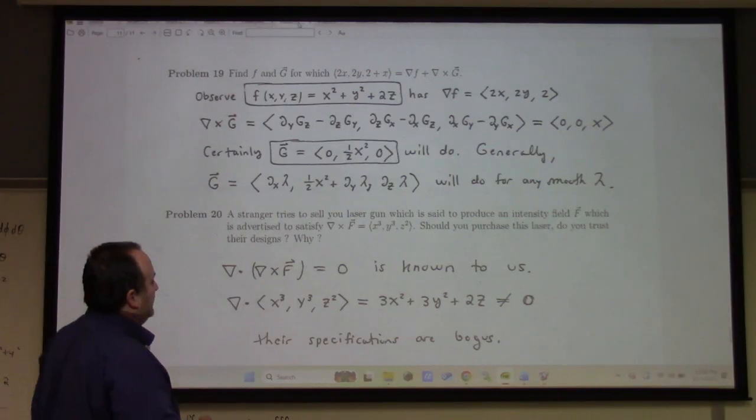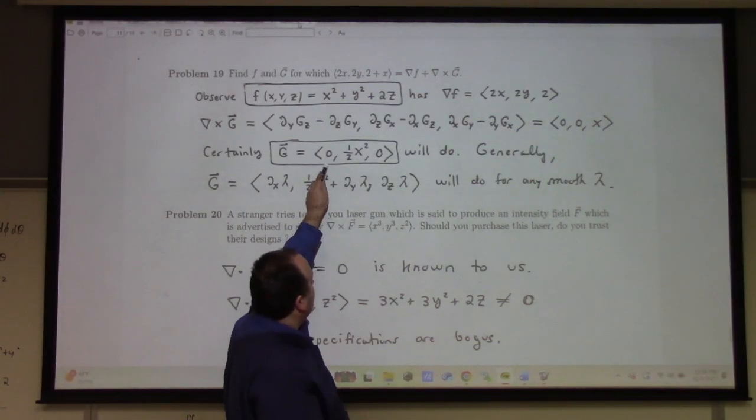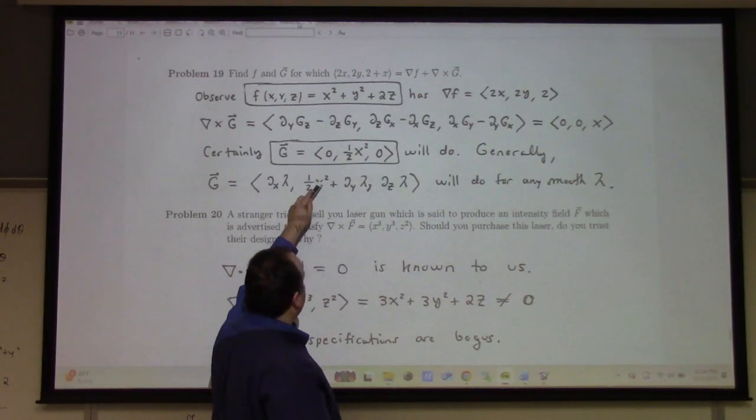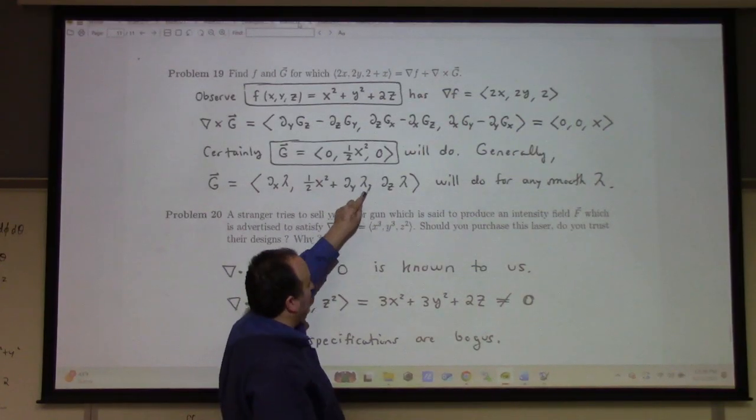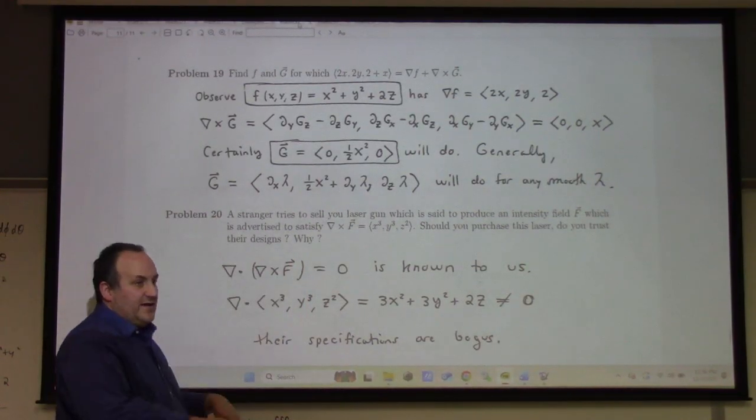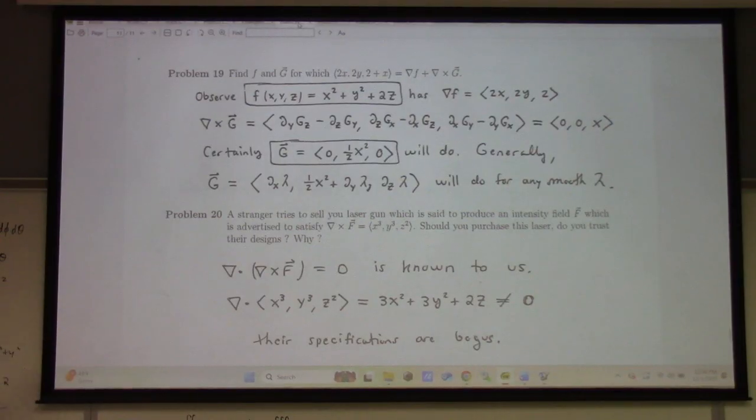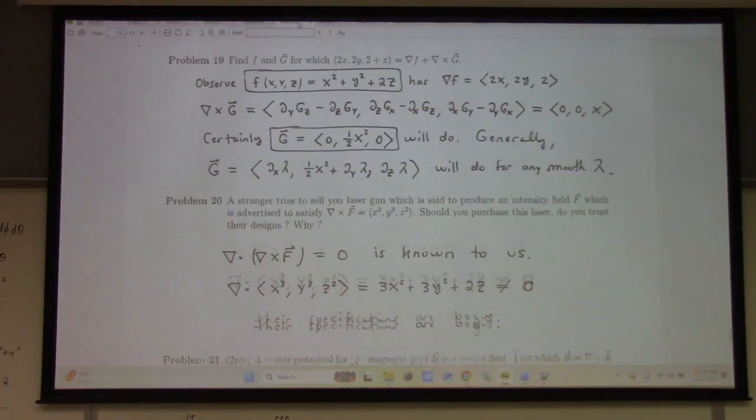So that's what I'm saying. This will do, but if you want any other answer, it has to be related to my answer by just adding a gradient of some other function. So when I'm checking your work, I'll see if you match what I did according to some gradient. I should be able to find your answer in the possible adjustments of my answer.